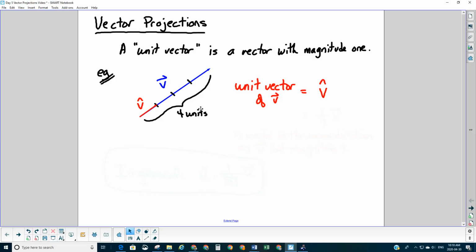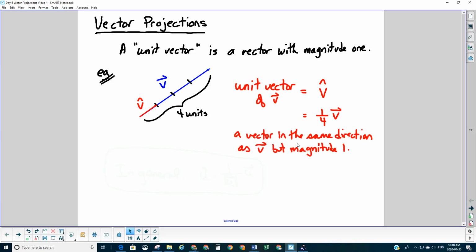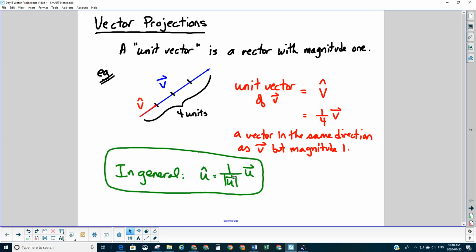Now, if the whole thing is 4 units long, then obviously the length is also 1/4 the size of it, and would result in a vector that's in the same direction, but only magnitude of 1. In general, we can talk like this. Any unit vector is going to be a fraction of the original. In this particular case, the unit vector is 1/4 the size because it's 4 units long.